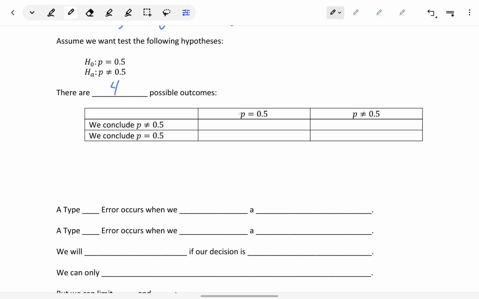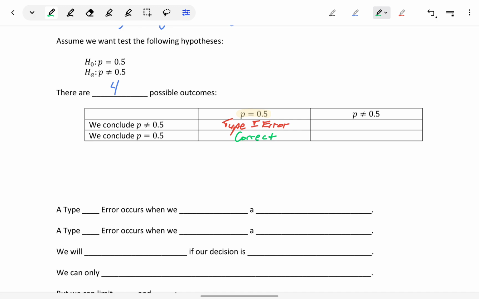First, we'll start with if the truth is that the population proportion is equal to 0.5. If that's the case, and we conclude that P is equal to 0.5, then we reached the correct decision. If we conclude that P is not equal to 0.5, when in fact it is, then we committed what's referred to as a type 1 error.